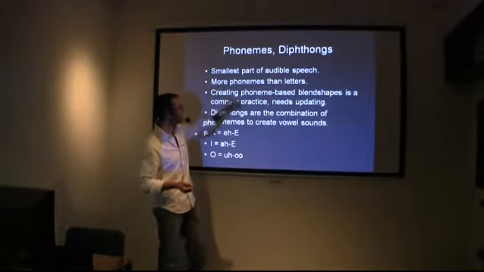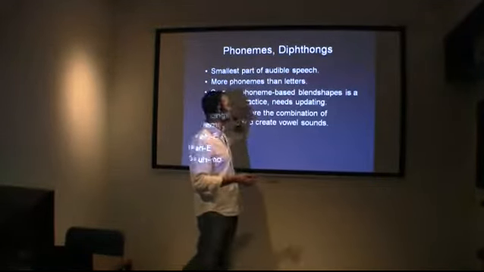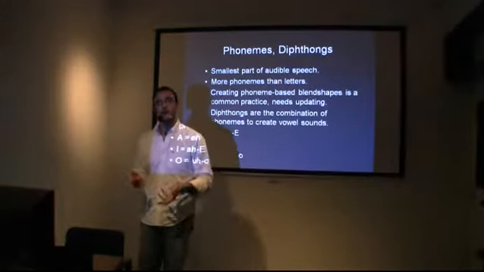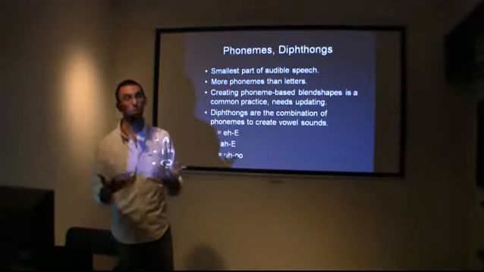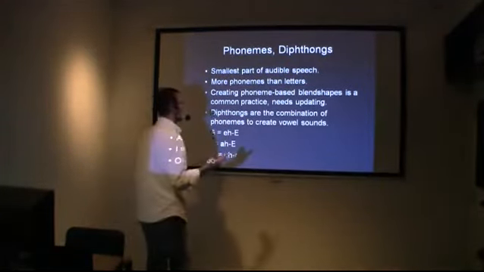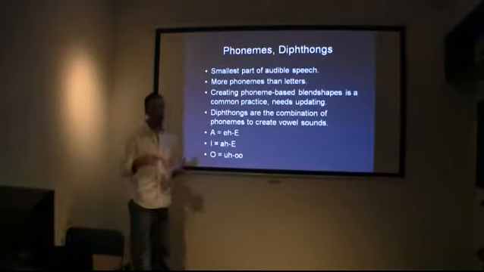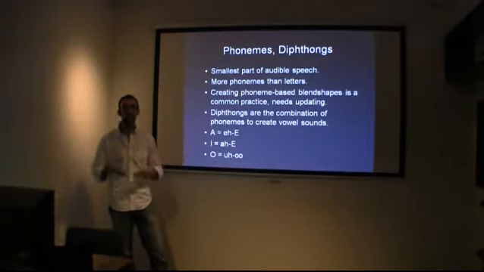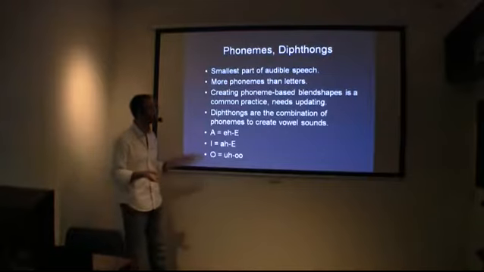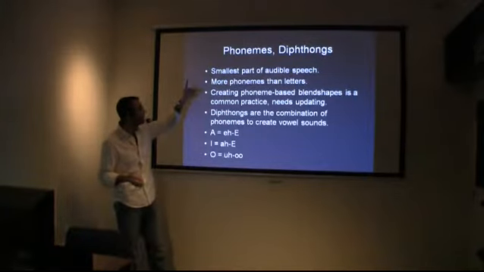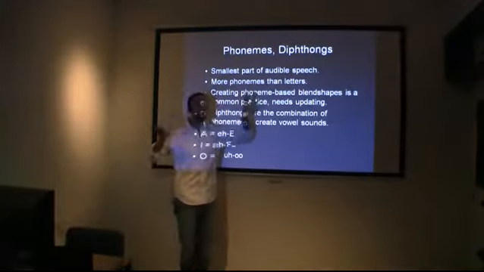Creating phoneme-based blend shapes is a common practice, but it needs a whole lot of updating. Now, there are some phonemes that are useful, and we'll talk about why in a second. But we really want to start moving out of this as quickly as possible.